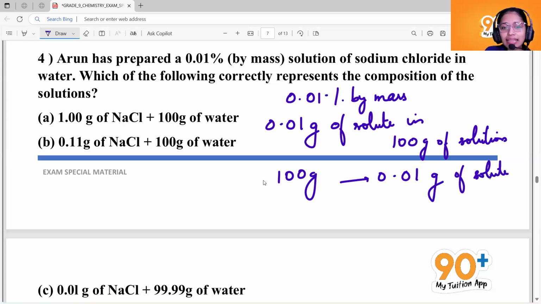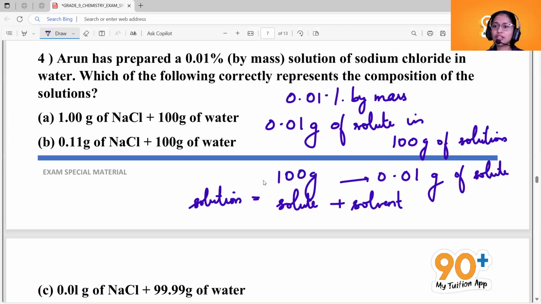We are aware that solution is equal to solute plus solvent. Correct? Now, mass of solution is equal to mass of solute plus mass of solvent.